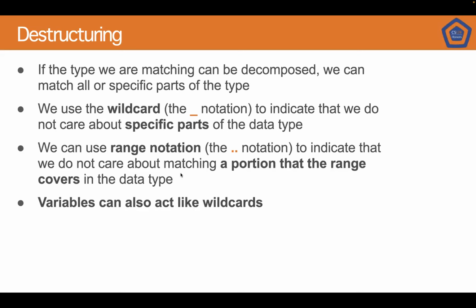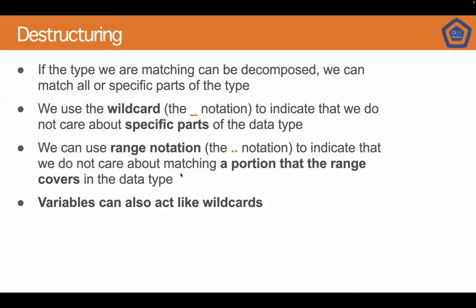We can use the range notation, which is two periods, to indicate that we do not care about matching a portion that the range covers in the data type. So let's say we only care about the first value in a tuple. We can specify the first value that we are trying to match. And then we can use the two periods to say that we don't care about what appears after that first value in the tuple.